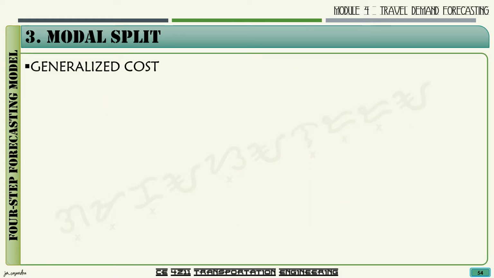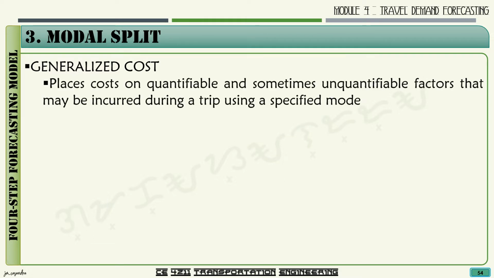So for modal split, we are going to use basically the generalized cost, the same that we use for our trip distribution. This places a cost on the quantifiable and sometimes unquantifiable factors that may be incurred during a trip using a specified mode. So this would include our travel costs, travel time, and travel distance.